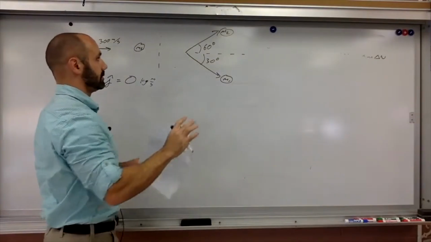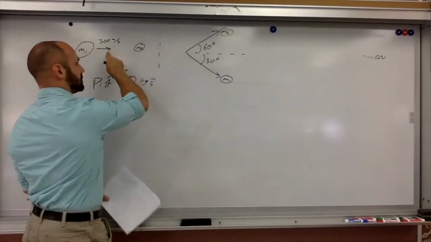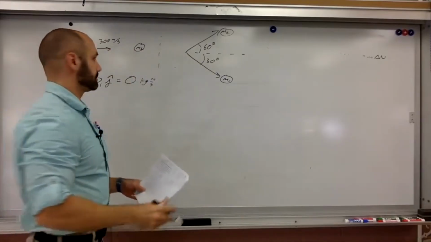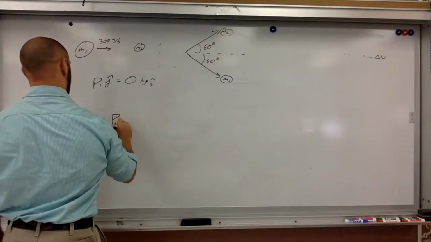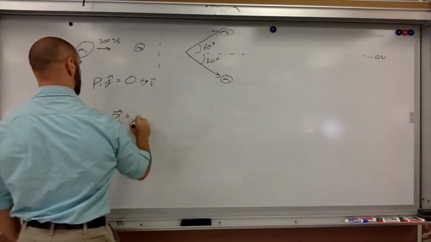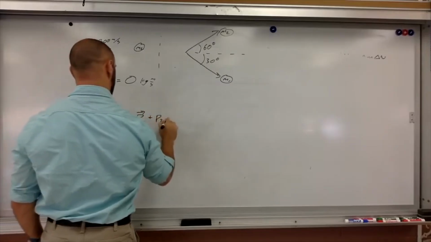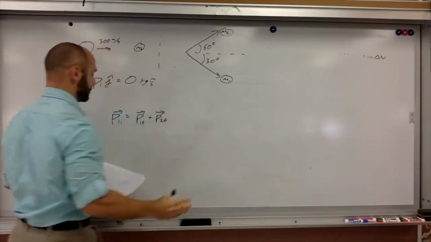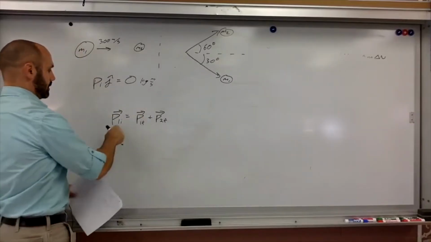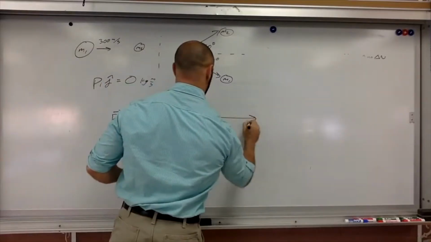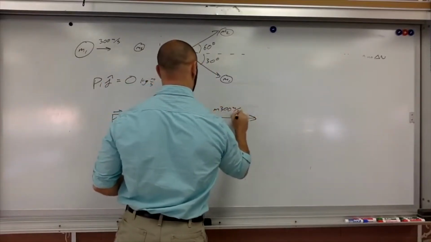But here's the thing. We've got this momentum. These two momenta have to add up to this one, even as vectors. And so I'm going to call this p1i equals p1f plus p2f. And we can use vector arithmetic then. We can draw this out as a triangle, right? Here, this one is here. This is the m times 300 meters per second.